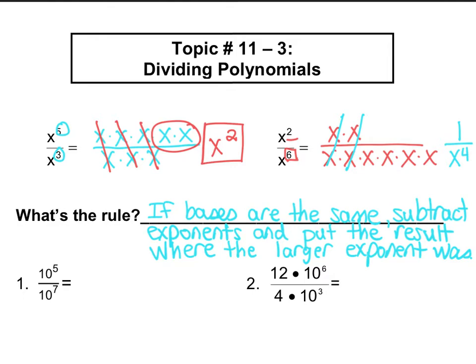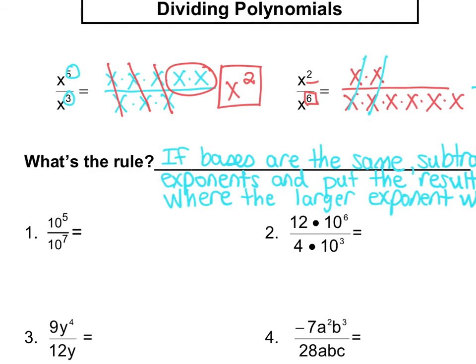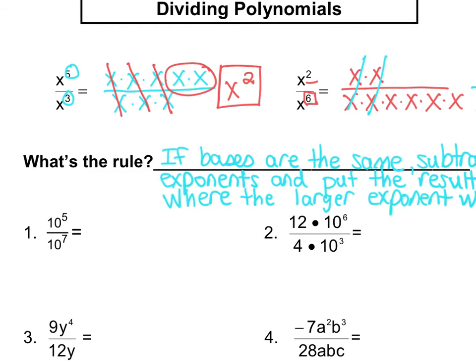So let's apply that rule. What they mean by same bases: 10 and 10 are considered the same bases, just like x and x are considered the same bases. So I'm going to do the same thing. 7 minus 5 is 2.